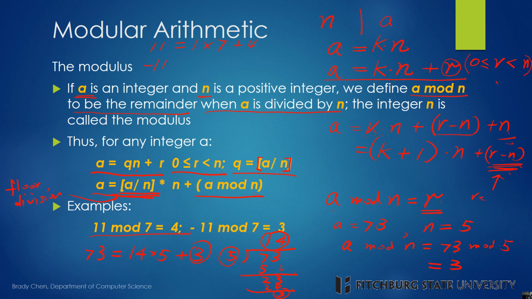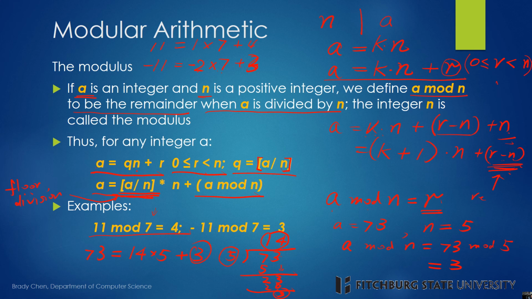And minus 11 can be written as, let's say, minus 2 times 7, that's minus 14, and plus 3, right? So you can write it as the quotient times the divisor, which is 7, and then the remainder 3. So that's the reason why minus 11 mod 7 is 3.